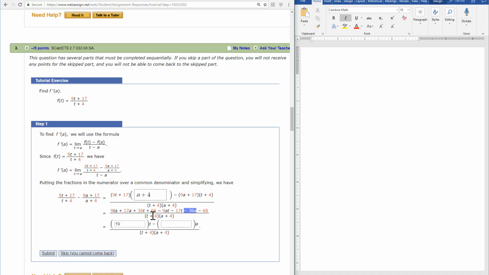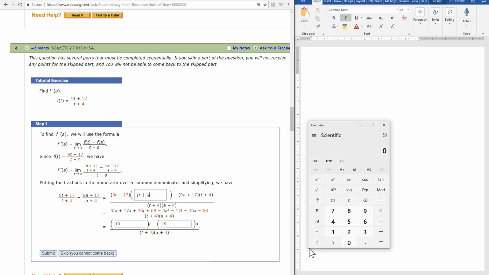So 17 minus 36 is negative 19 as well. And the negative is outside already, and that's 19. So let me just double check that 36 minus 17 is actually 19. Okay, better.